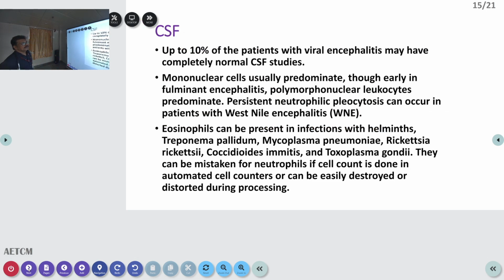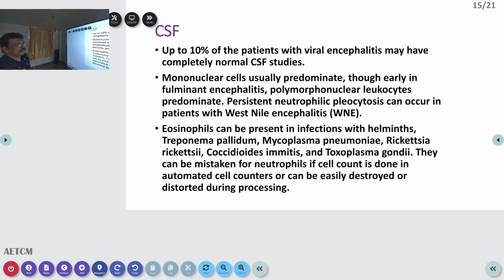Now CSF can sometimes be normal in some of the viral encephalitis, but clinical findings are very important. And mononuclear cells usually predominate. That means lymphocytes are mainly seen in encephalitis. Neutrophils can be present in early phases of the disease, but most of the time when we get the patient, that will be the second phase of the disease.